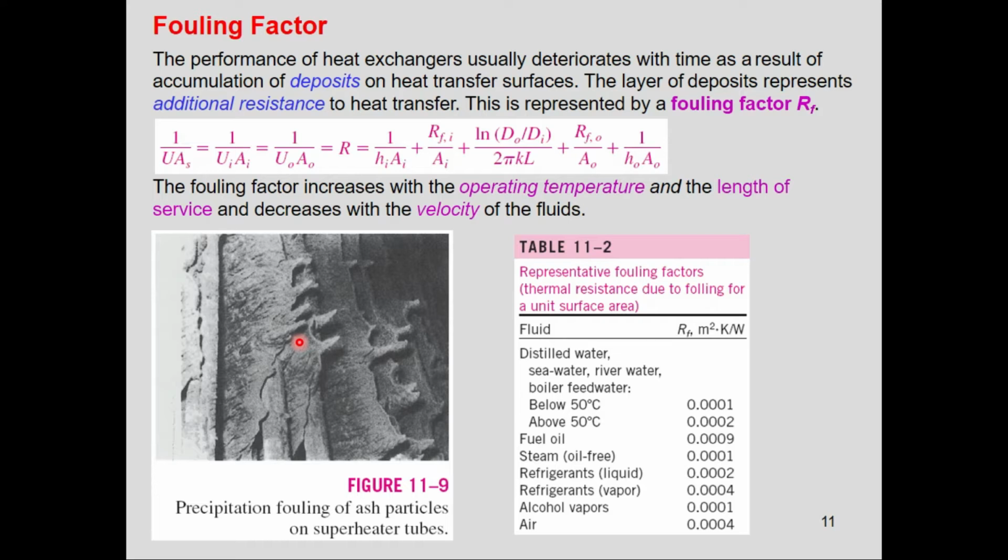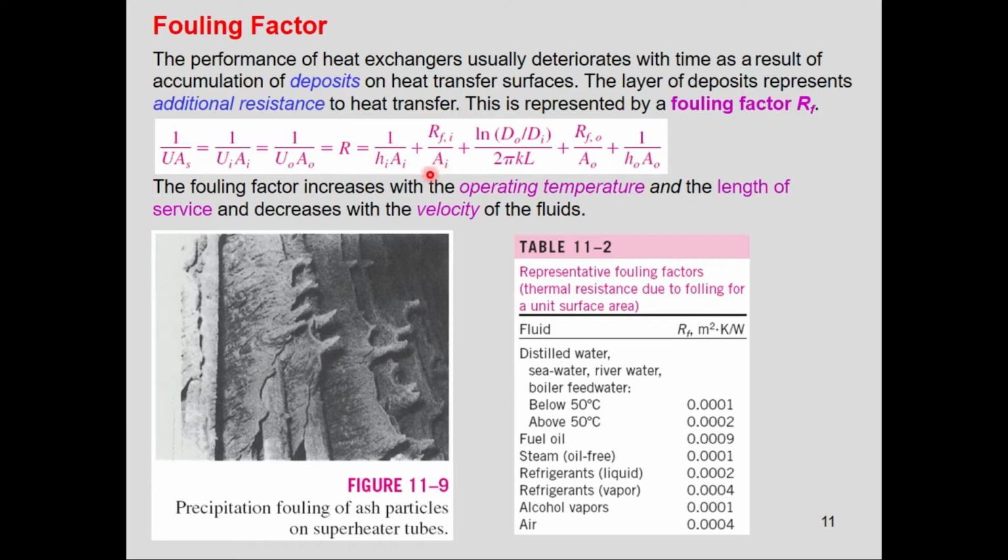So we have to incorporate the two resistances, right, for the fouling factor. This is the formula that we have already seen, the overall resistance formula. This is the convective resistance for the inner pipe, and this is the convective resistance for the outer pipe, and this is the conductive resistance for the wall through which the heat is conducted.